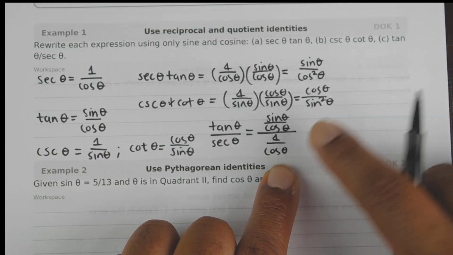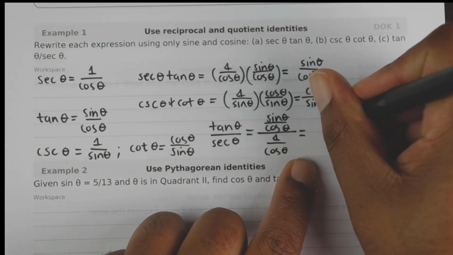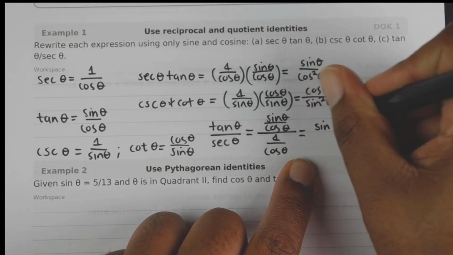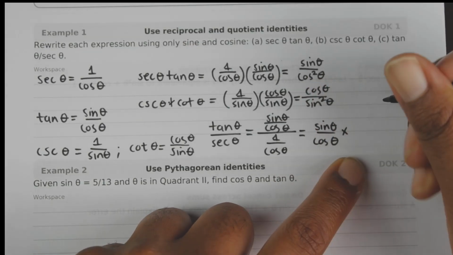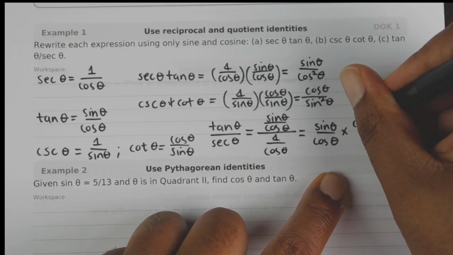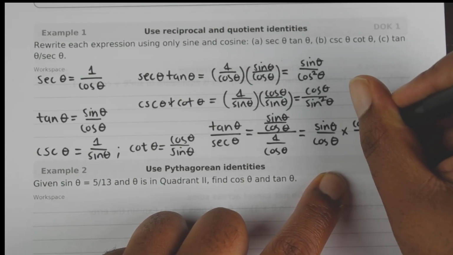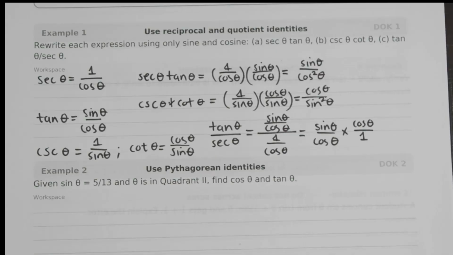Remember, when you have a complex fraction, you multiply by the reciprocal. So this would be sine theta over cosine theta, multiplied by the reciprocal, cosine theta over 1.